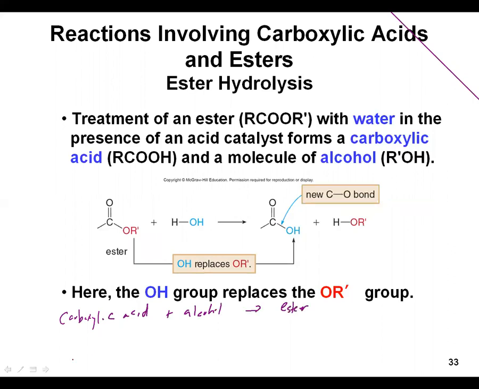In a hydrolysis reaction, we start with an ester, and we add water. In certain cases we can go back to the carboxylic acid plus an alcohol, or in other cases we may not actually get back to the carboxylic acid, depending on the type of hydrolysis reaction. So this is the reverse of the esterification reaction. It's basically breaking the ester back into its parts.